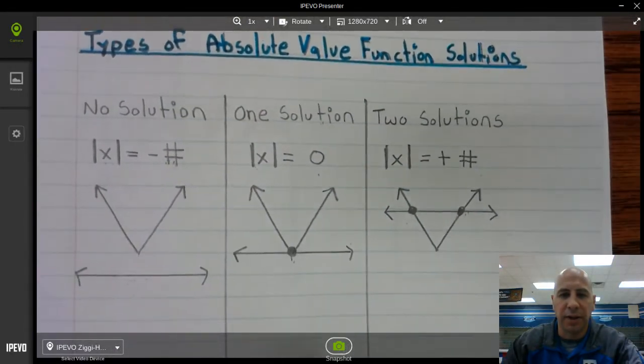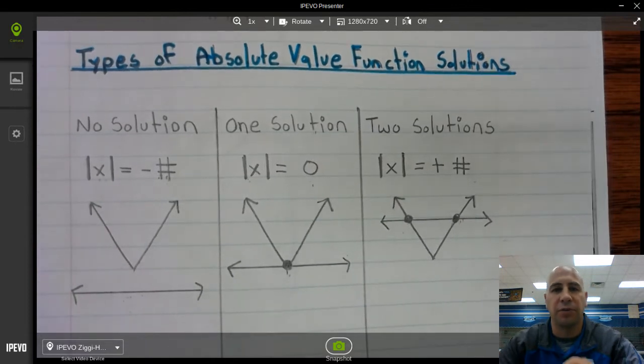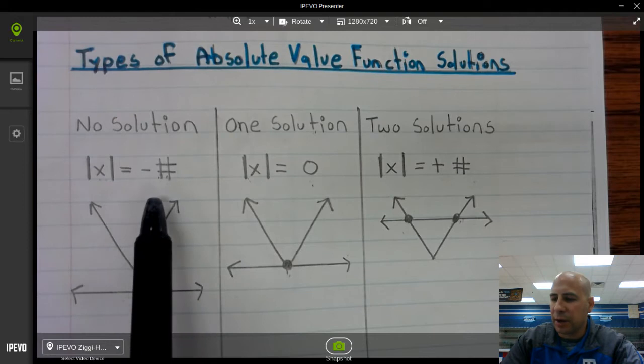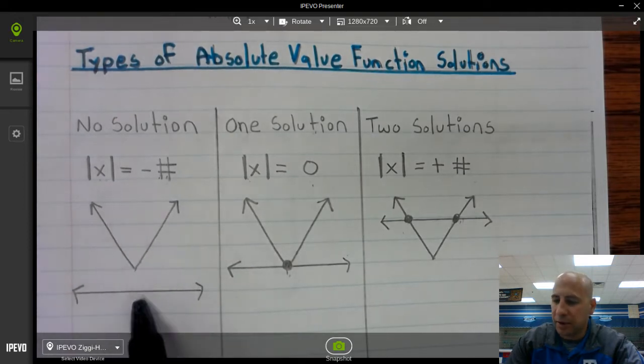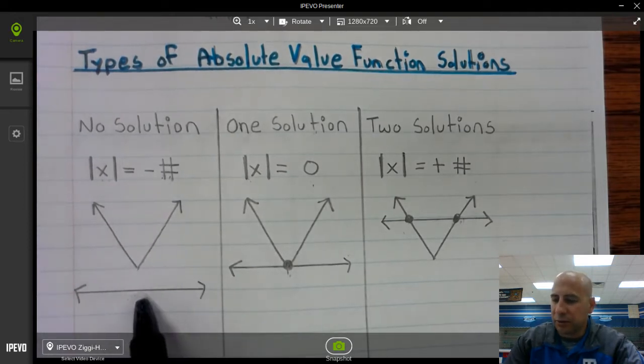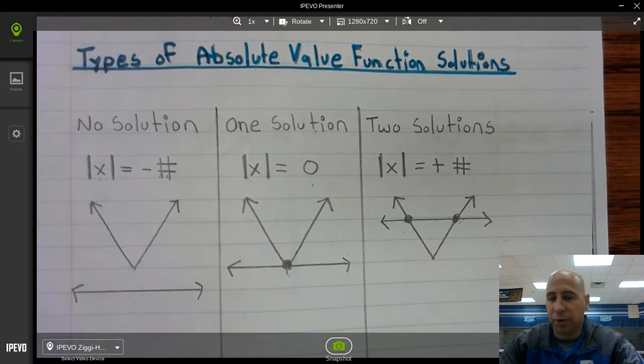Now let's look at the types of absolute value function solutions. You have no solution when the absolute value of x equals a negative number. When that happens, the left side and right side will not intersect, so no solution. You have one solution when the absolute value of x equals 0.